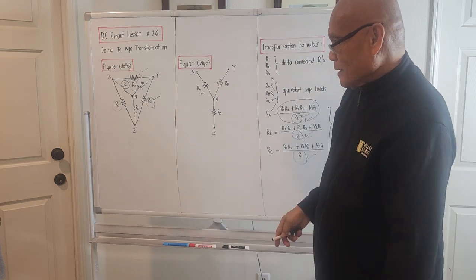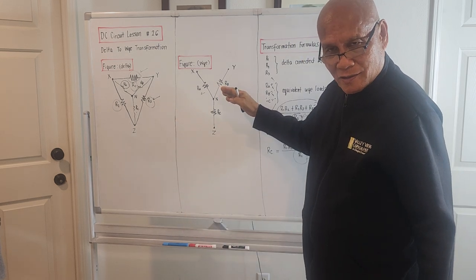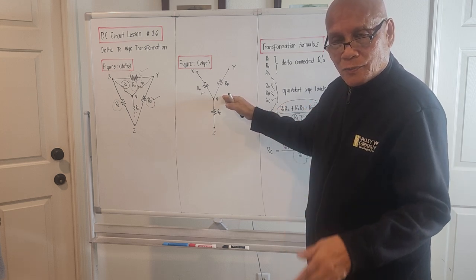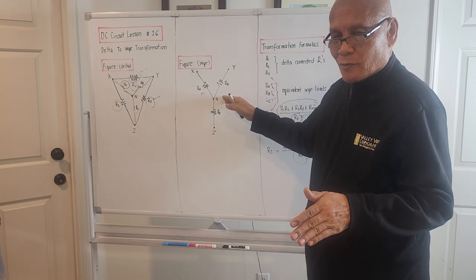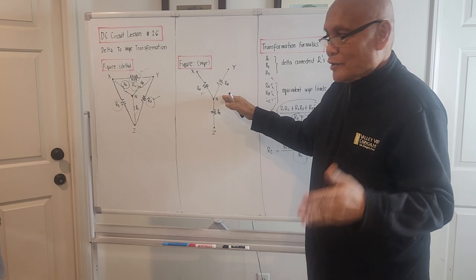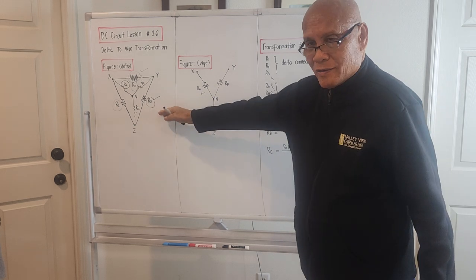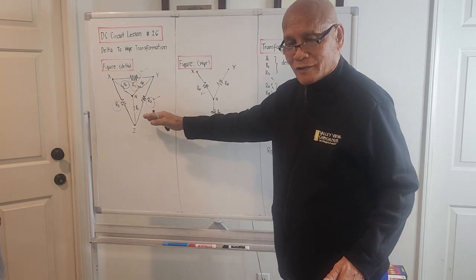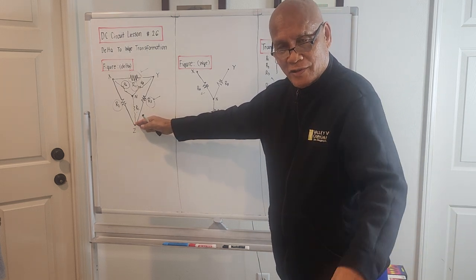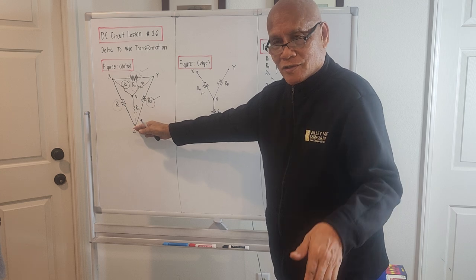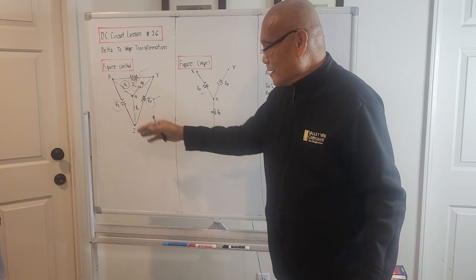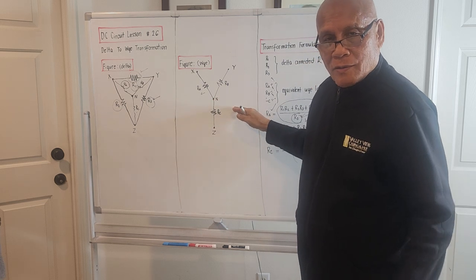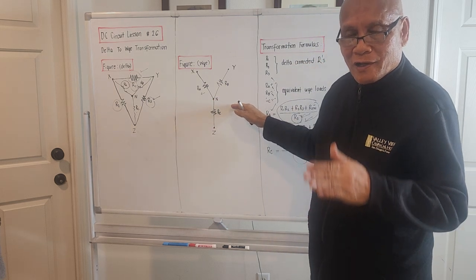If we are given Y connected resistances, and it will make the computation of the total resistance very hard, you need to convert that Y to delta. Or conversely, if there is an inserted delta connected load, and it makes the computation of the total resistance complicated, at least you know how to convert that delta to its equivalent in terms of Y for the circuit to be less complicated.